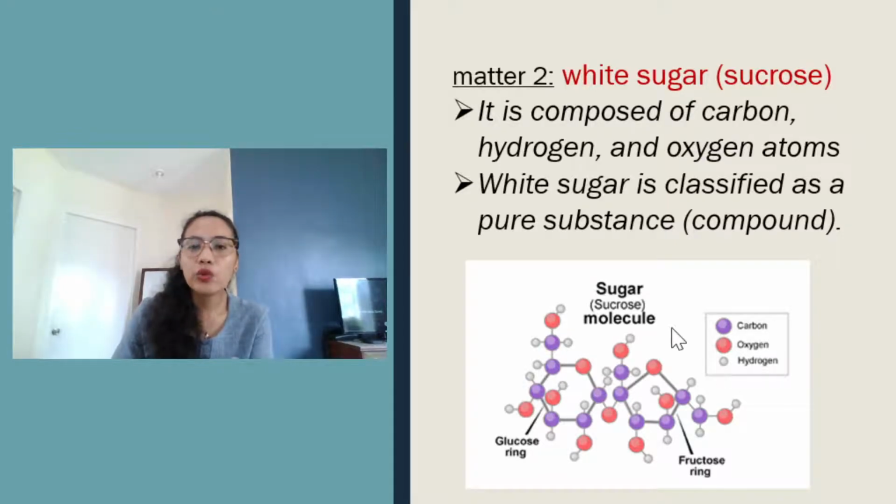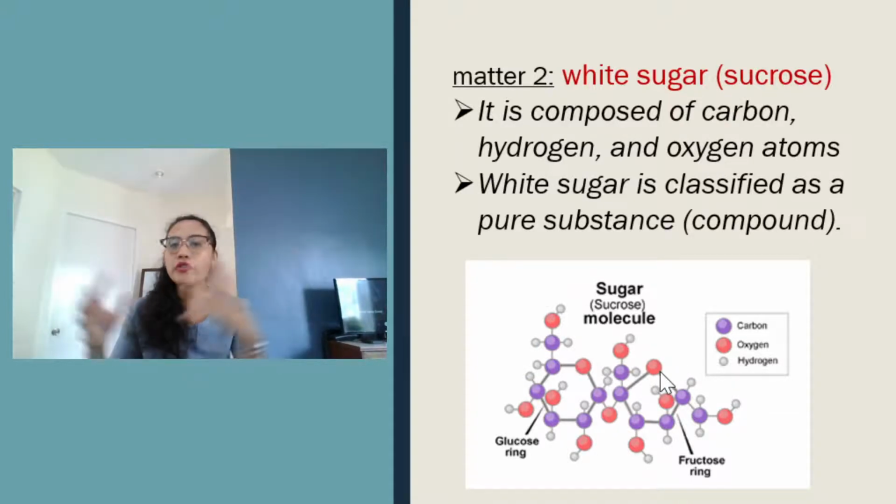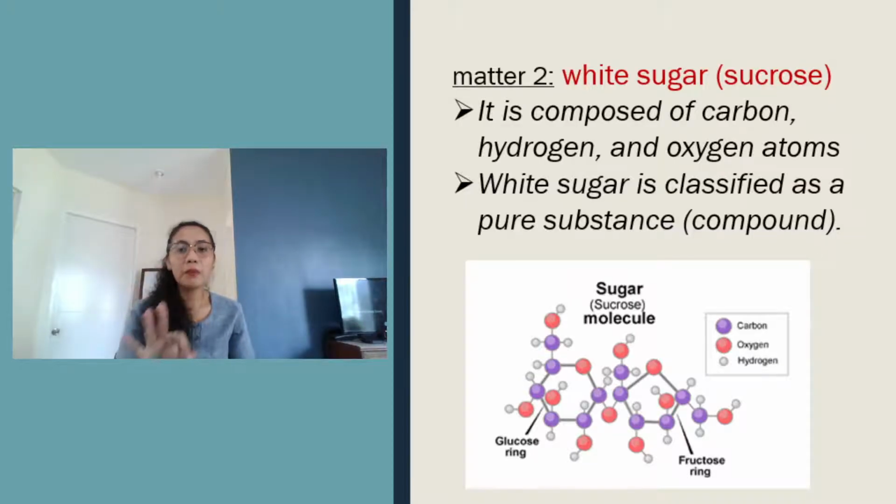And if we are to count the exact number of these atoms, they have a specific number of carbon. So carbon here are about 12. Hydrogen would be about 22, I guess, while oxygen is also a fixed number. So all sucrose or white sugar would always have those numbers of carbon, hydrogen, and oxygen.